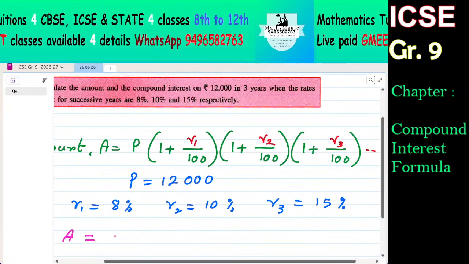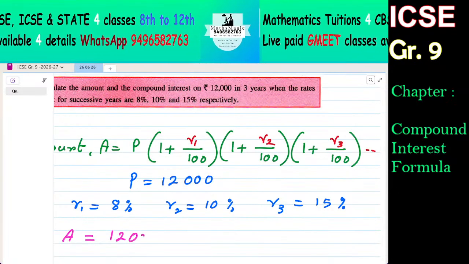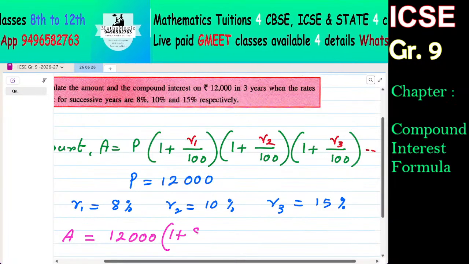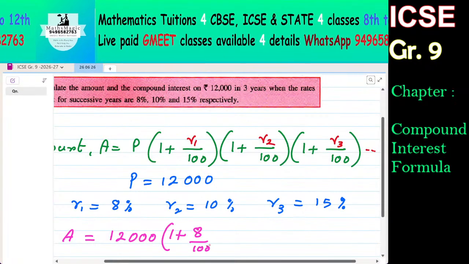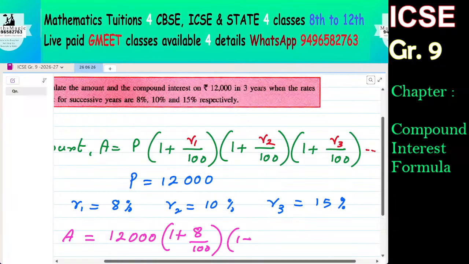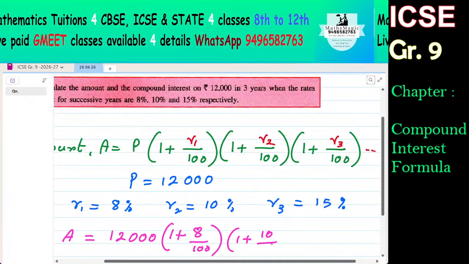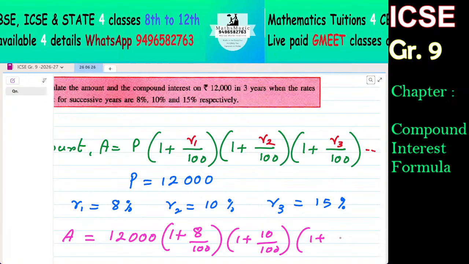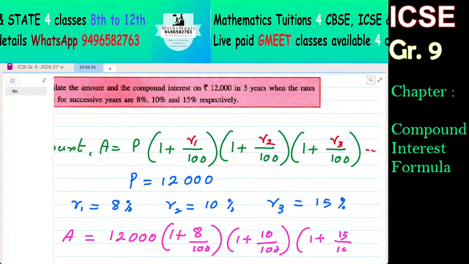Amount A equals 12,000 multiplied to 1 plus 8 by 100 multiplied to 1 plus 10 by 100 multiplied to 1 plus 15 by 100.